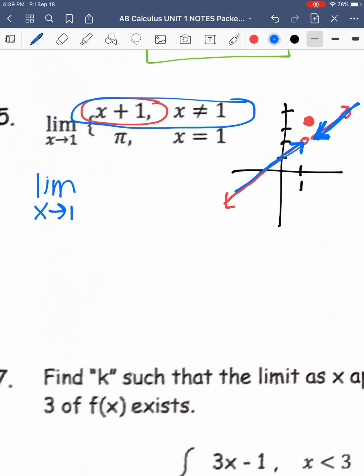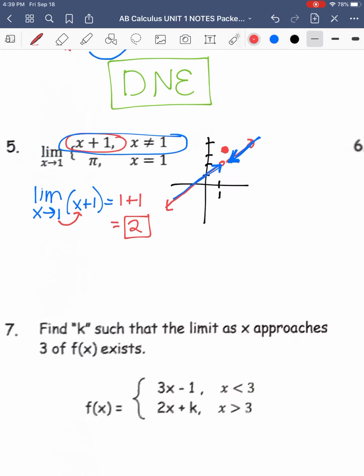The limit as x approaches 1, we would use the function next to the does not equal. And then I'm going to sub 1 in. And I get my answer of 2. So when given the choice, always choose the function next to the does not equal when you're evaluating a limit.